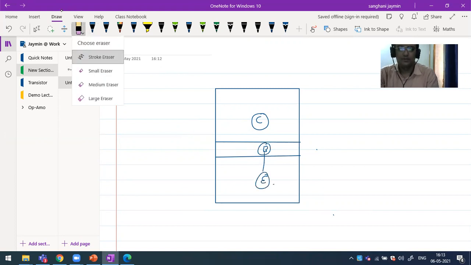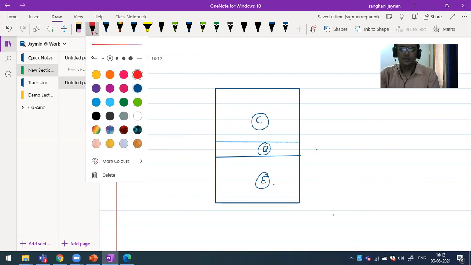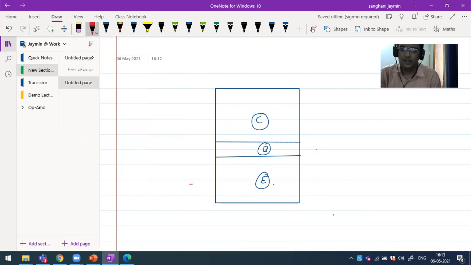See this very carefully: emitter, base, collector. This is known as the common emitter configuration. This is the resistor, which is known as RB. Here, the battery that is connected is known as VBB.